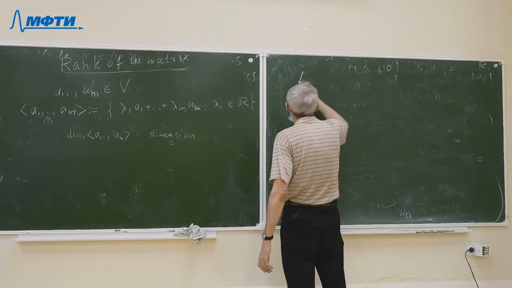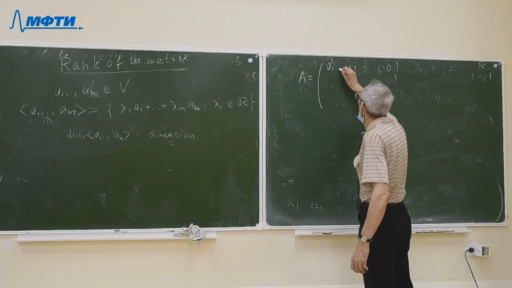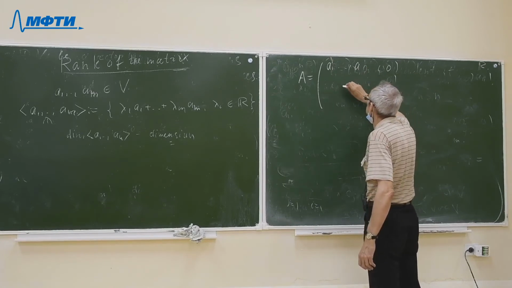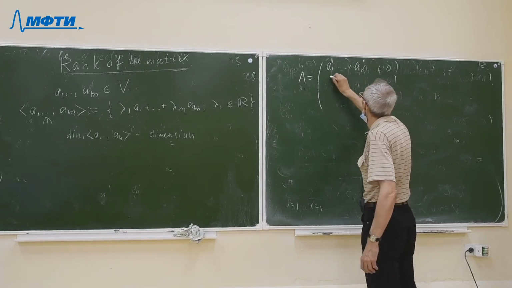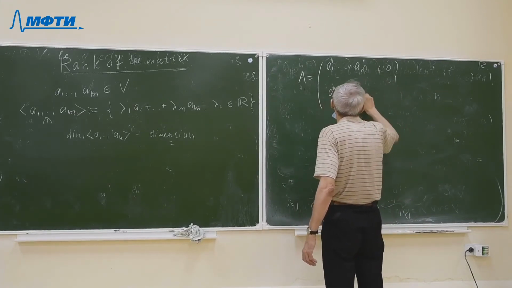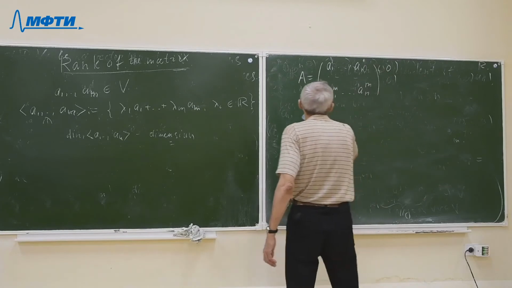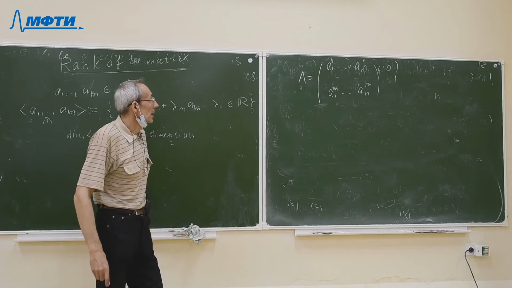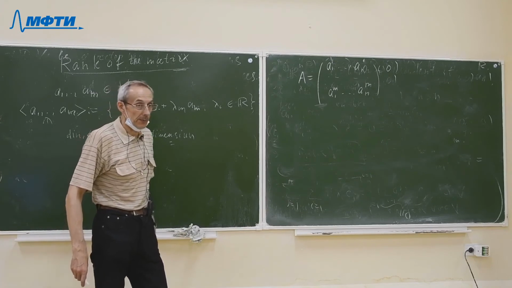Let A be some matrix. This matrix has m rows and n columns.